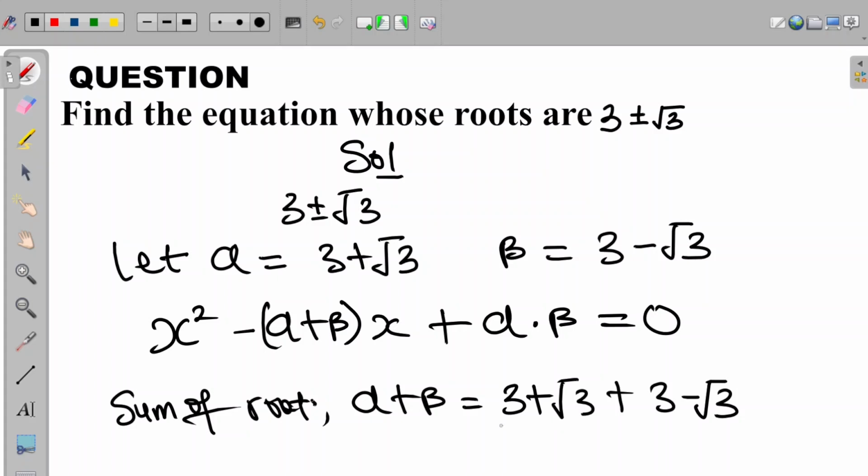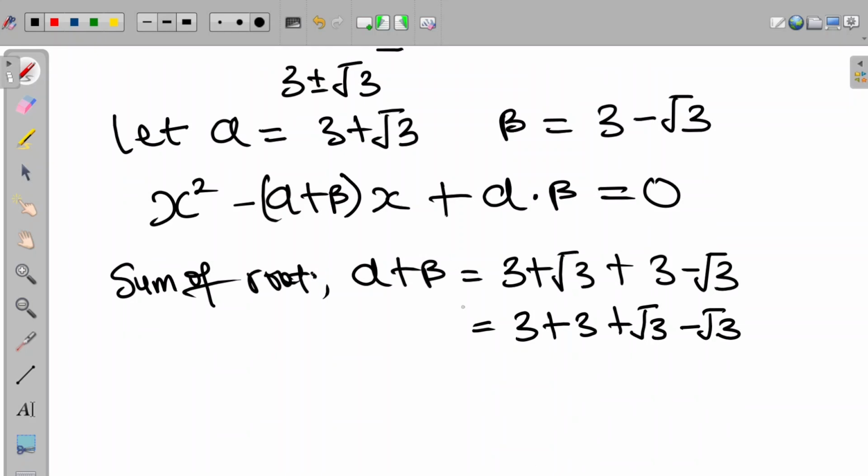So at this point, this becomes 3 plus 3 plus root of 3 minus root of 3. So this is equal to 6. Root of 3 minus root of 3 is equal to 0.